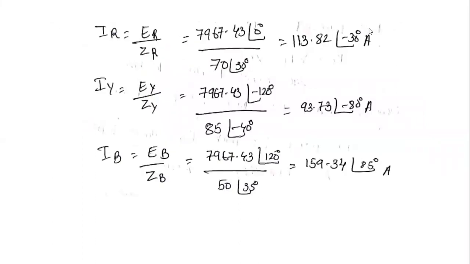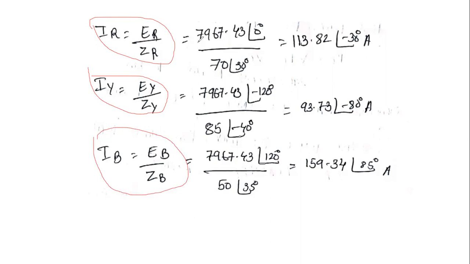Next, we calculate the IR. What is the formula for IR? IR is equal to ER by ZR, IY is equal to EY by ZY, and IB is equal to EB by ZB.